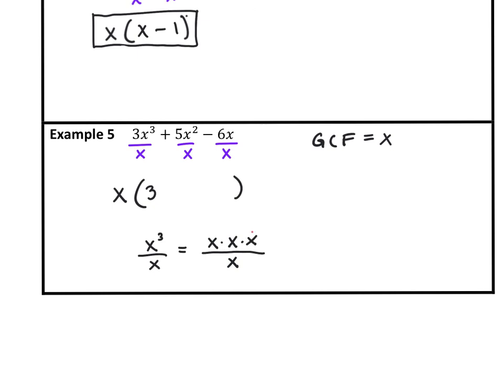And so we can cancel these two out, which would leave us with x times x, which is x squared. So we're going to get x squared. So I'm going to erase this. This is kind of a side note there. The next thing, bring down the plus 5.